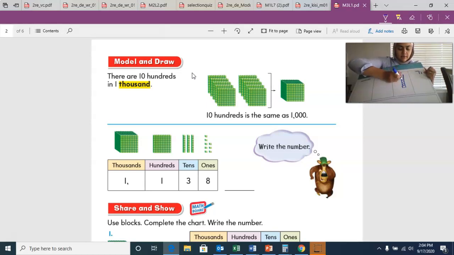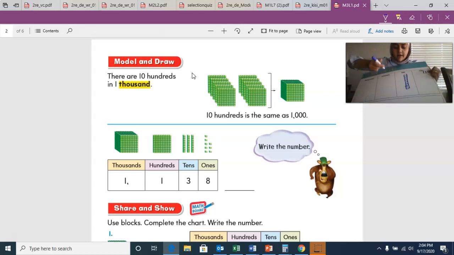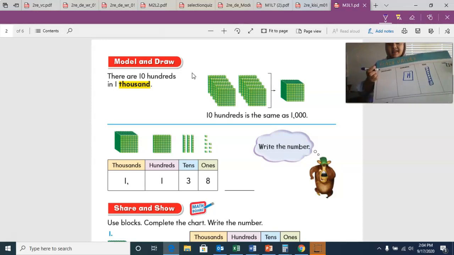So 1, 2, 3, 4, 5, 6, 7, 8, 9, 10. That's a 10 stick. This is a 1. That's a 10 log. And then we have 100. In the 100, there are 10 tens. And then we have 1,000. And 1,000 is going to be a square with a TH in it. That stands for 1,000.